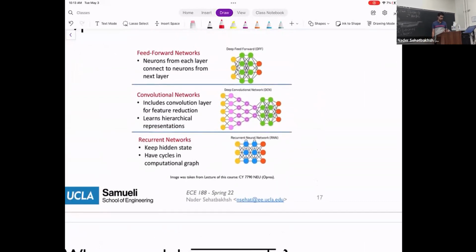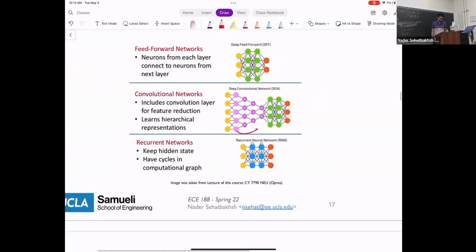You can also combine them together. You can have a convolutional neural net plus some feed-forward or fully connected layers, or some recurrent layers combined with convolutional ones, and so on.